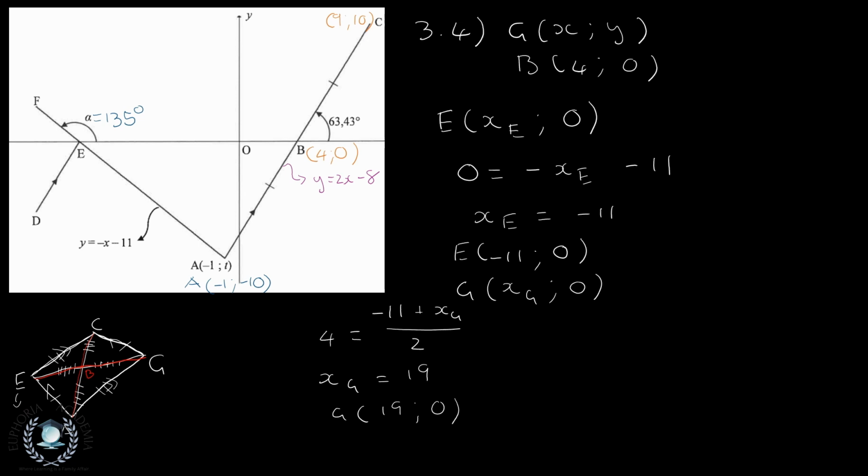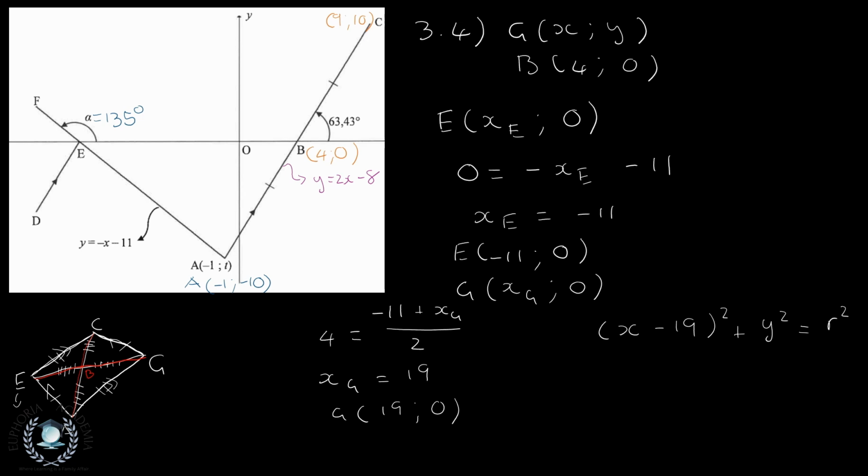Alright, now we're told to find the equation of the circle. We know that this circle passes through B. And what is the equation of a circle? Well, this is the center. So the equation currently, we have it as x minus 19 all squared plus y squared is equal to r squared.